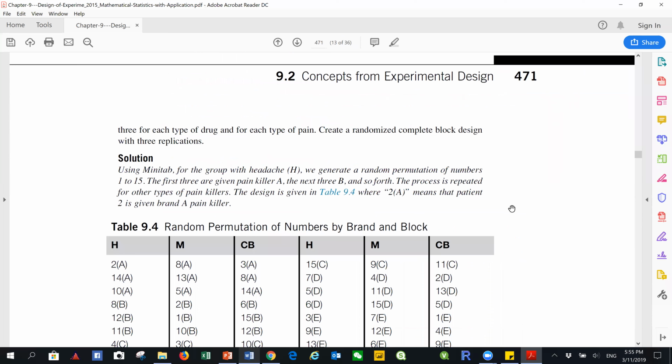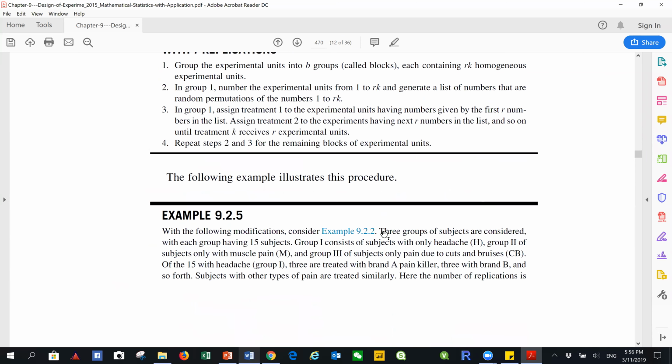We use the same experiment, considering the example of doses for different types of pain. 3 groups of subjects are considered, with each group having 15 subjects. Group 1 consists of subjects with only headache, group 2 of subjects with muscle pain, and group 3 cuts and bruises.